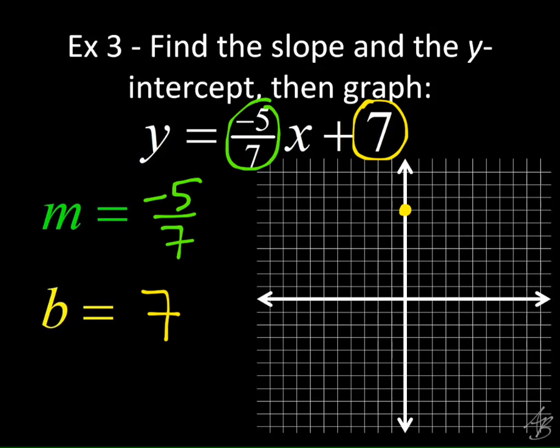And then once we get our y-intercept, then we're going to plot our slope. So which way do we go first? Okay, yeah, so our rise is -5, so that means we go down 5. And then our run is +7, which means we go which way? Right 7. And we get our second point then there. And through those 2 points, we're going to draw our line.